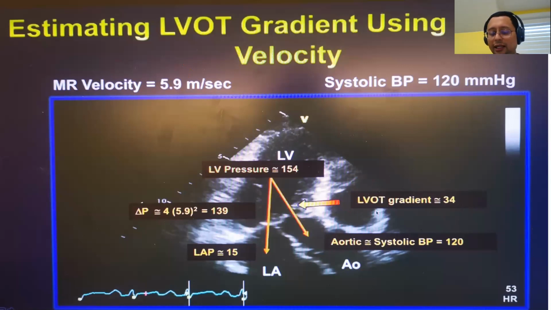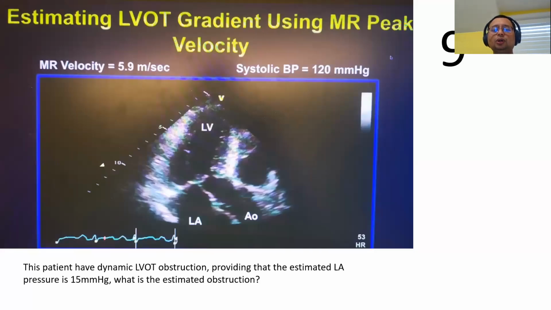Okay? Now, I tell you one more time, look at this. So this patient has dynamic LVOT obstruction. Now, let's say you measure the LVOT obstruction, but you are not quite sure, is it correct or not? The patient also has MR. So what do you do? You use that MR velocity to your advantage, okay? You know that LA pressure you can estimate as 15 millimeter mercury. So you know that LV systolic pressure minus LA pressure is the 4V squared of the MR, okay?